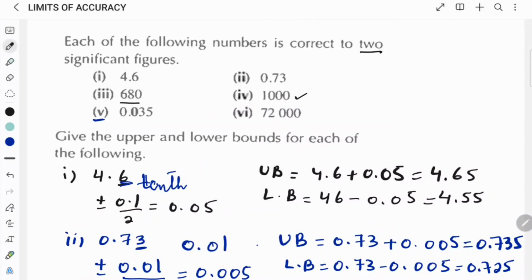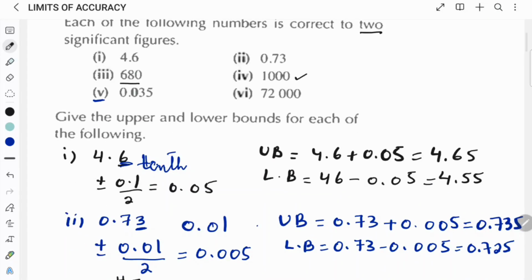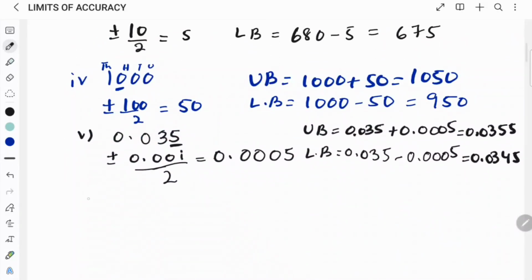All right, now the last part is 72,000. You just check what is the value of the second significant figure number. For part 6, 72,000, the second significant figure number is in the thousands place: unit, tens, hundred, thousand.